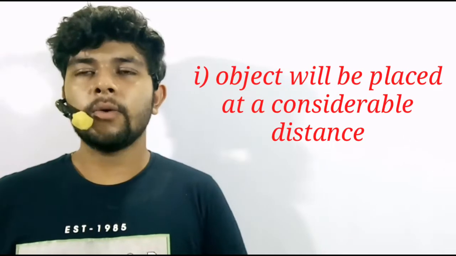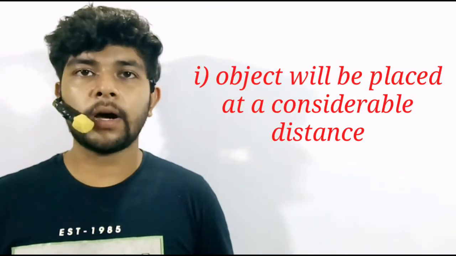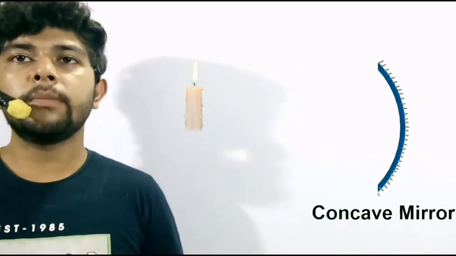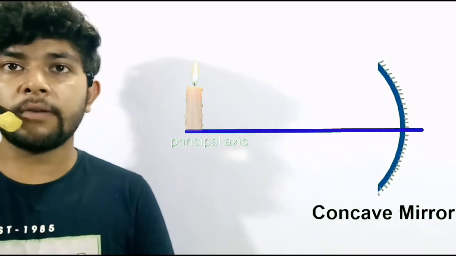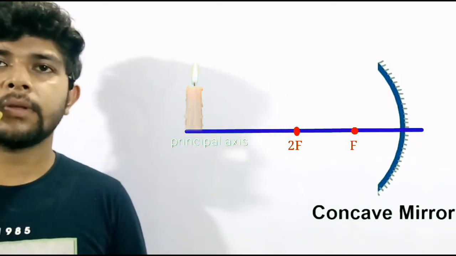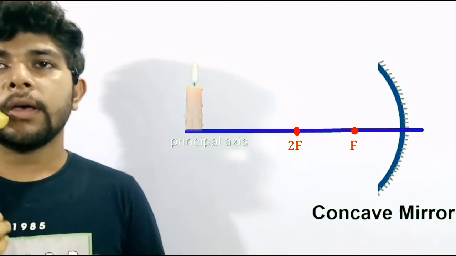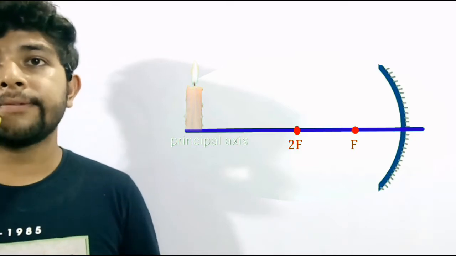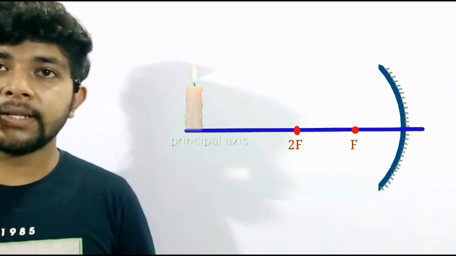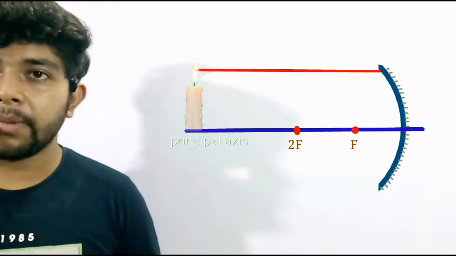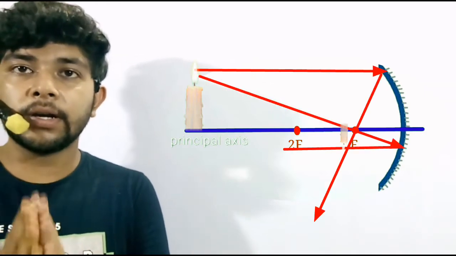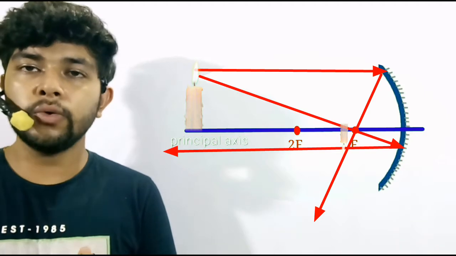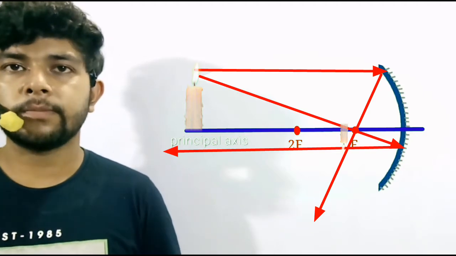Let's study what will happen if we put the object far from the concave mirror. So this is a candle which is on the principal axis and far from the concave mirror, right? Now you will see the image of the candle in front of the mirror, because we know the concave mirror always produces the image in front of the mirror.